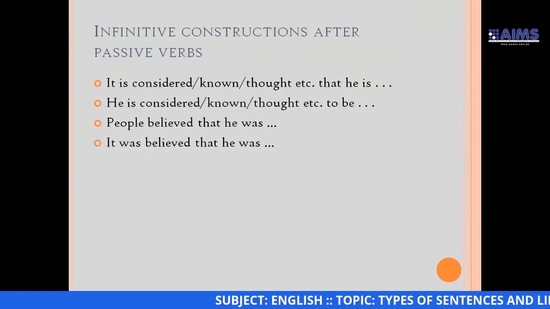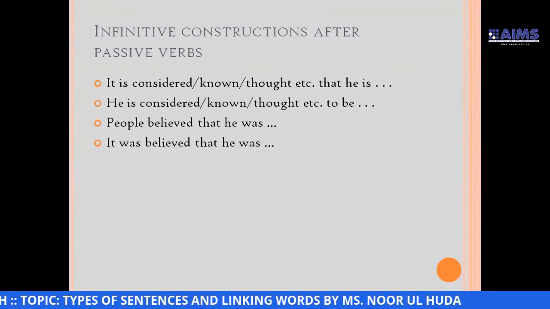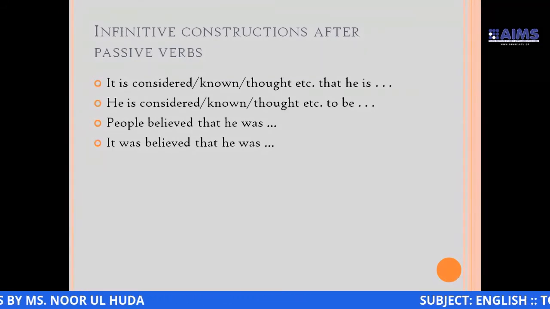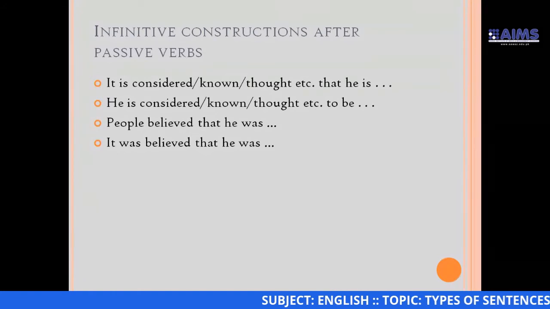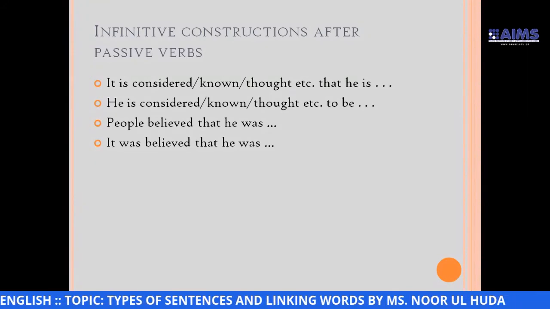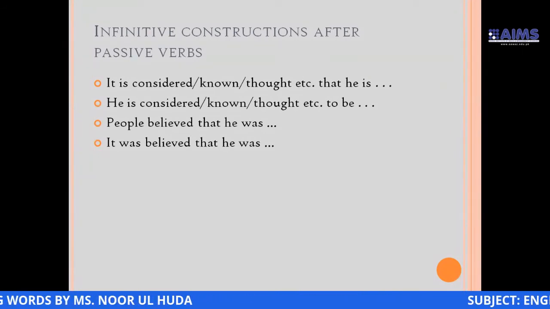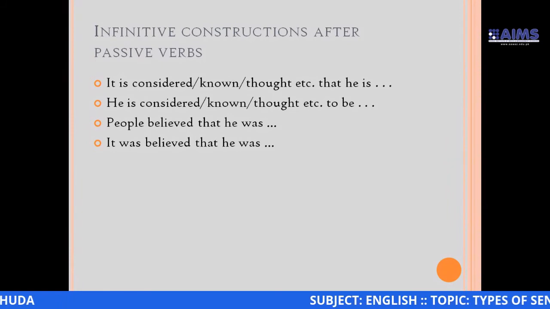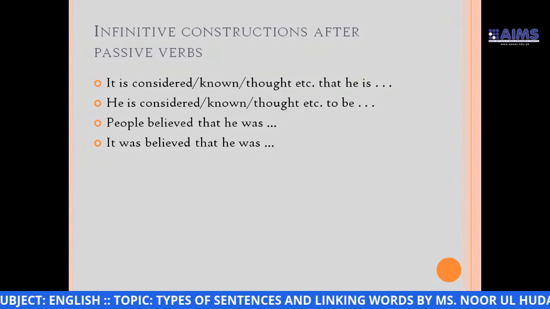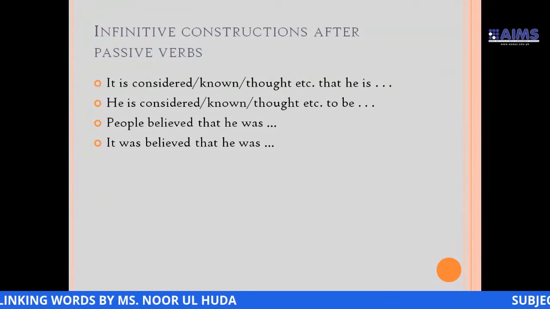So after a passive verb like thought, known, considered, or observed, we use that, and then you can add the active structure or the passive, depending on you. He is considered to be a protector of the country. He is considered as the protector of the country could also be right.